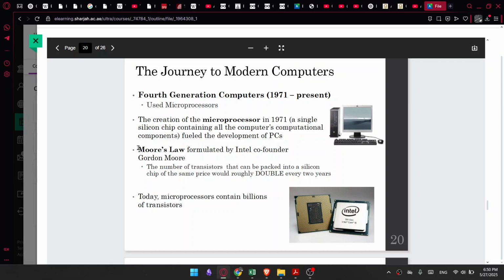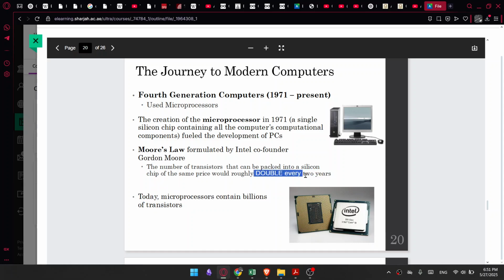Moore's law, and this is important to know, was formulated by Intel co-founder Gordon Moore. He said that the number of transistors that can be packed into a silicon chip of the same price would roughly double every 2 years.